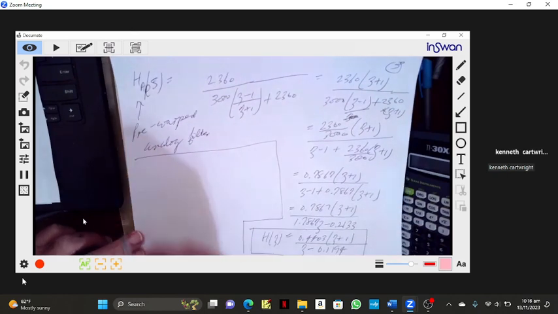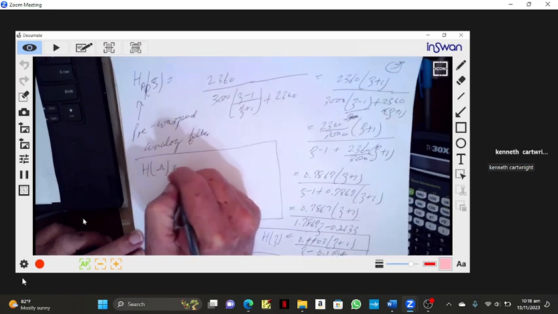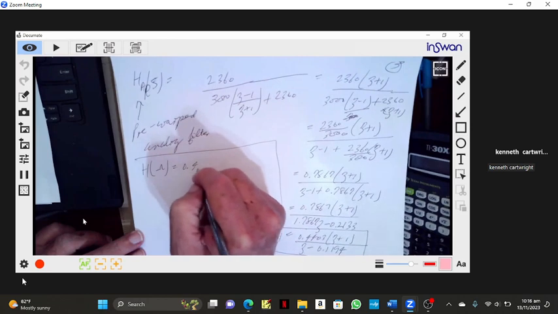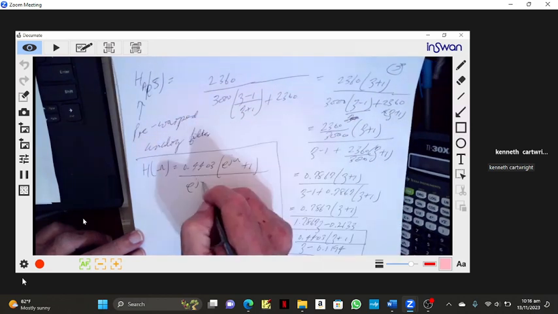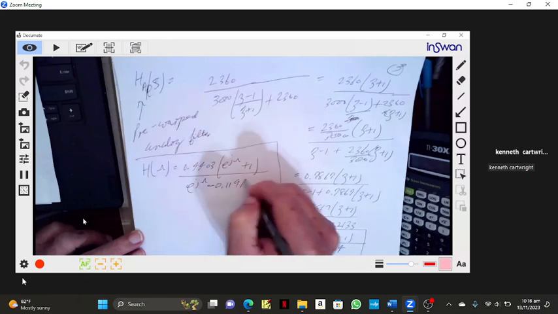So H of omega is 0.4403 times e to the j omega plus 1, over e to the j omega minus 0.1194.